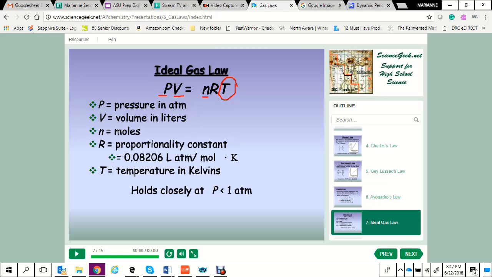So pressure is in ATMs most of the time. Volume is in liters. N is in moles. R is a proportionality constant. R is a constant depending on the pressure. So if pressure is in ATM, the number would be 0.8206. And of course, again, the temperature is in Kelvins.